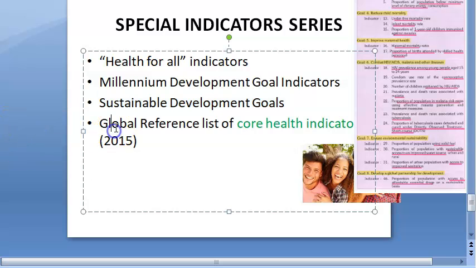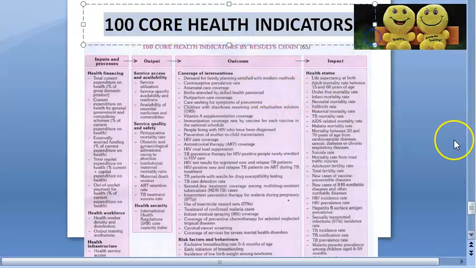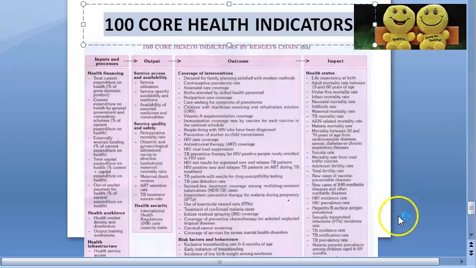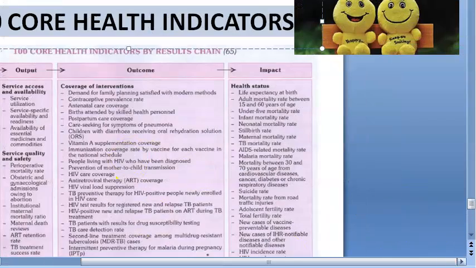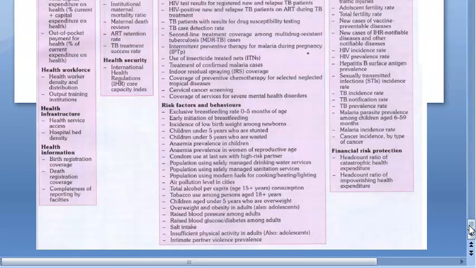Then you have the global reference list of 100 core indicators. This is important. These are 100 core indicators, guys. So other than those indicators you saw here, there are 100 core indicators, and the way they have arranged this is input, output, outcome, impact. Under input, we saw health financing, health workforce, health infrastructure, health information.